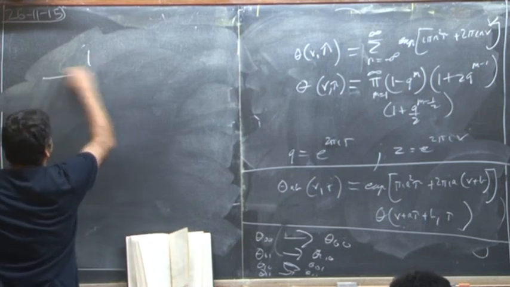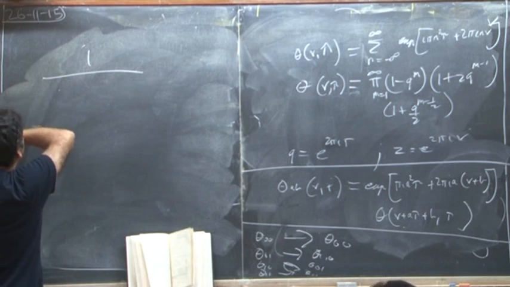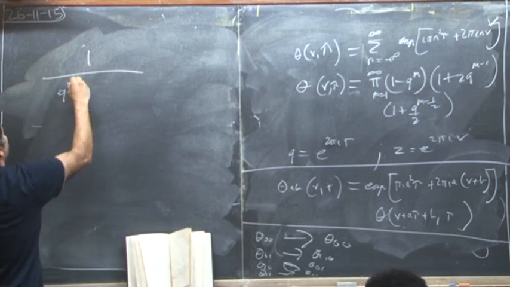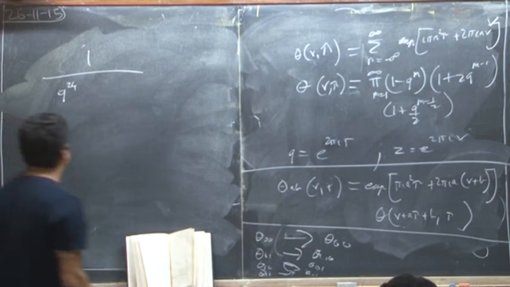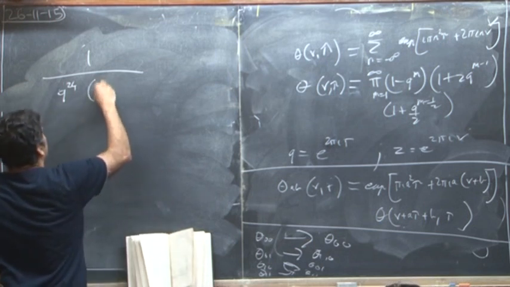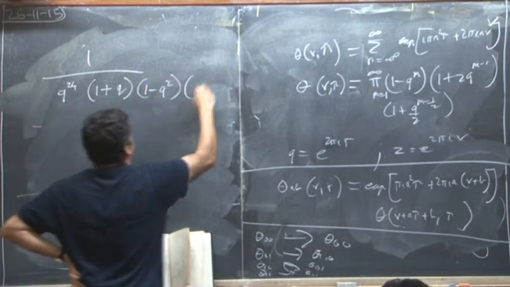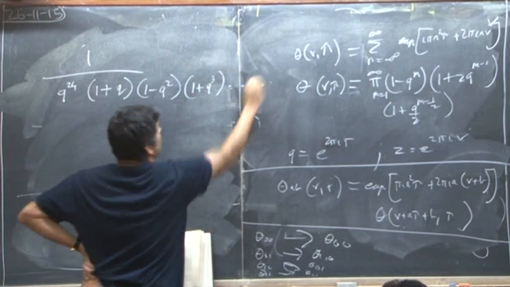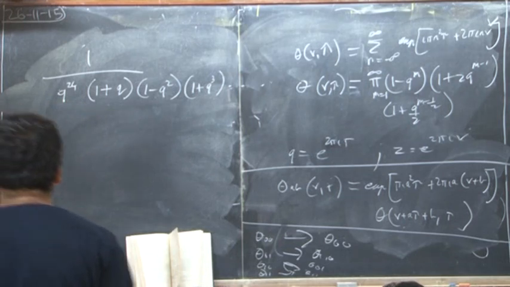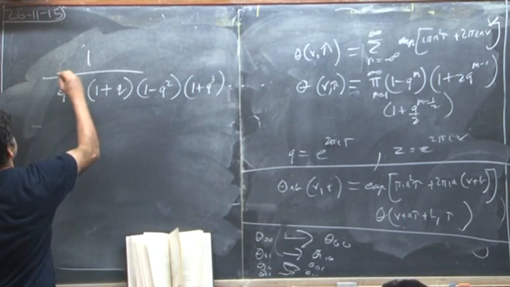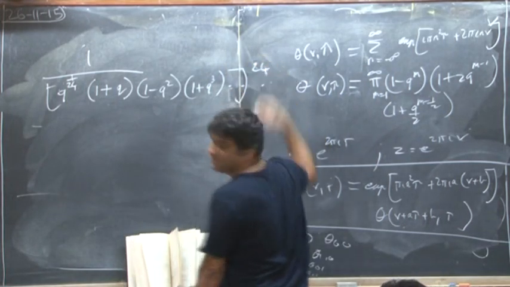What we had was 1 over q to the power 24, and then 1 plus q, 1 minus q squared, 1 plus q, and so on, with this whole thing to the power 24.